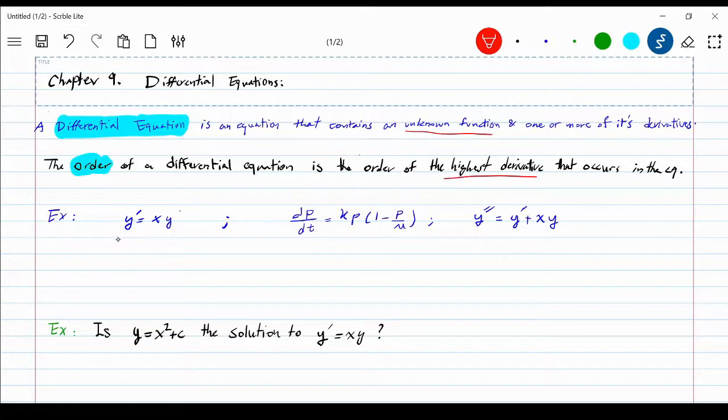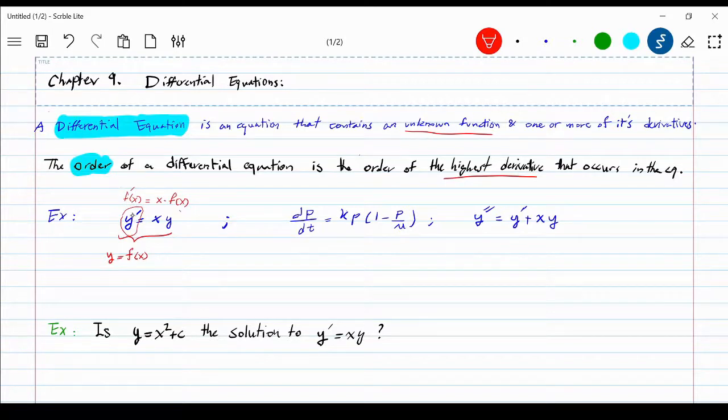So for example, this is a differential equation, assuming that y is a function of x. Then you have f prime of x, the unknown function, x times f of x. So the function f of x is unknown. If we knew the function f of x, then we would know the derivative as well.